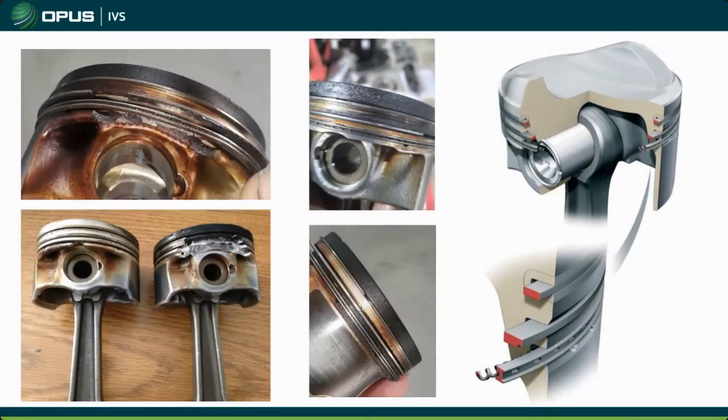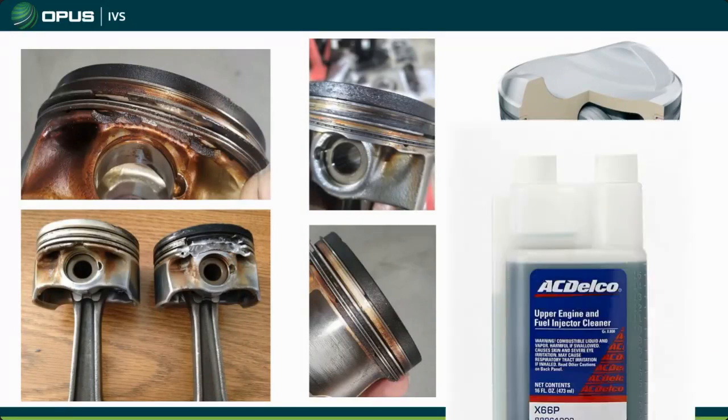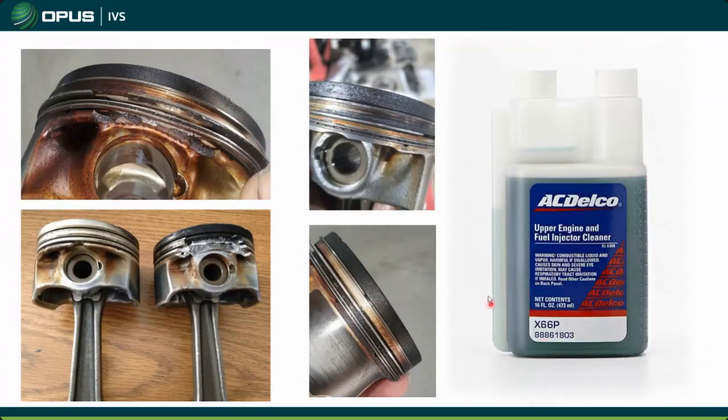But barring that, what we have seen a few times is using this AC Delco X66 upper engine and fuel injector cleaner. If you have one that's kind of like this, where you got some carbon buildup, but it's not quite so bad yet, you can put a couple of drops of this in each cylinder, let it sit overnight.